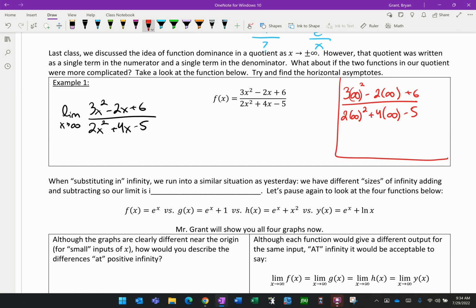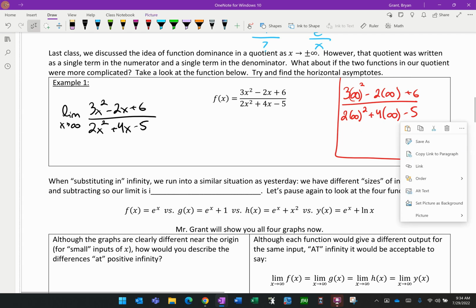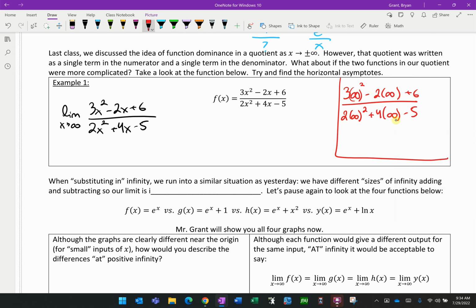Now we have those different sizes of infinity, because if you square infinity and then multiply it by 3, it's infinitely large. If you do 2 times infinity, it's also infinitely large, but a different size of infinitely large from the other one. And to complicate matters even more, you have something going on in the denominator. As soon as we see infinity over infinity, it's indeterminate, which means we need to do more.